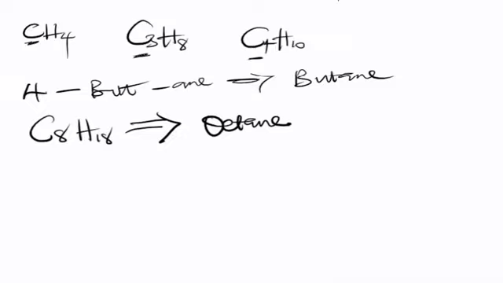Alright, so this is simply how we can name the alkanes. Although we have a number of rules we have to follow while naming alkane groups. For instance, let's just quickly look at some of these rules, and then we'll have 1 or 2 examples, and then we'll move to the next.